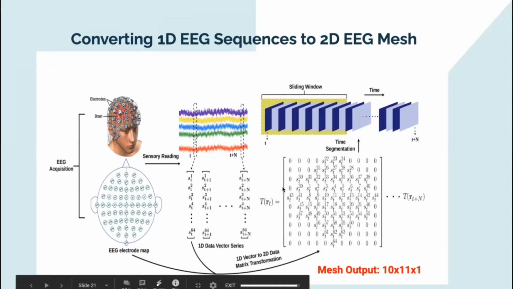As you can see here, all the zeros represent a null electrode, which means they have no effect in the neural network. After that, the 1D data vector series that has been turned into a 2D mesh is normalized using a Z-score normalization. And then we apply the sliding window in order to divide the 2D mesh into clips with 50% overlapping between neighbors.